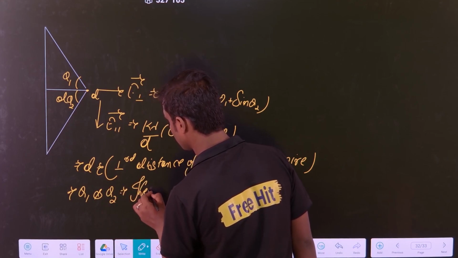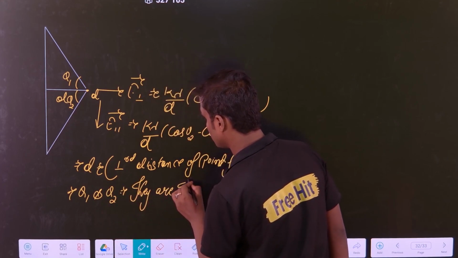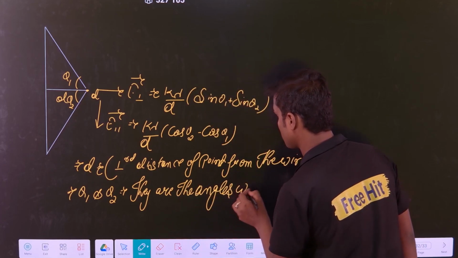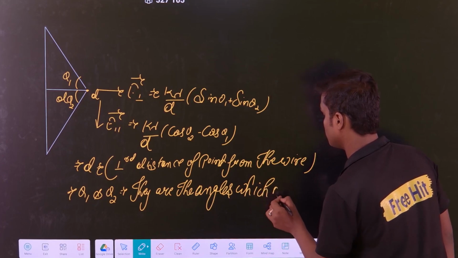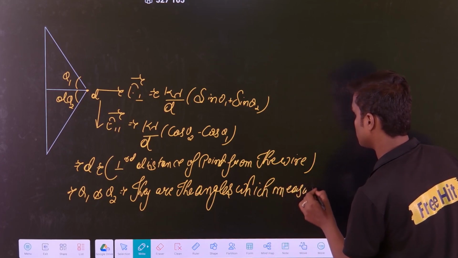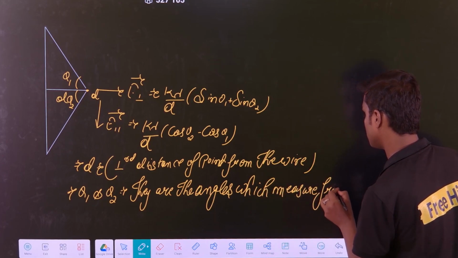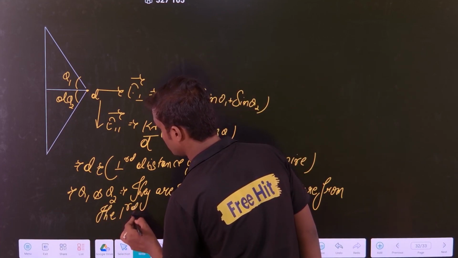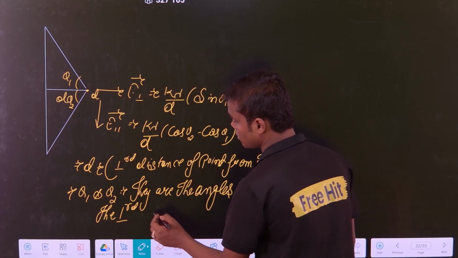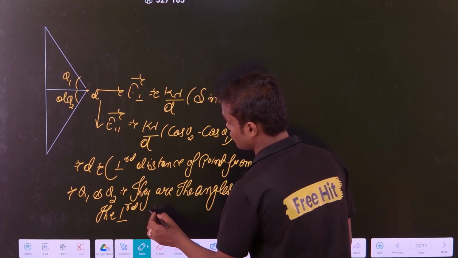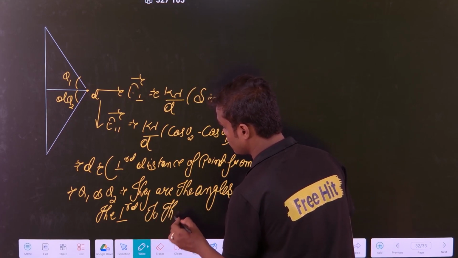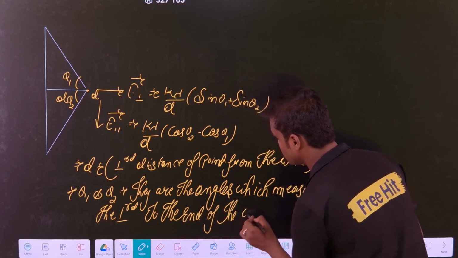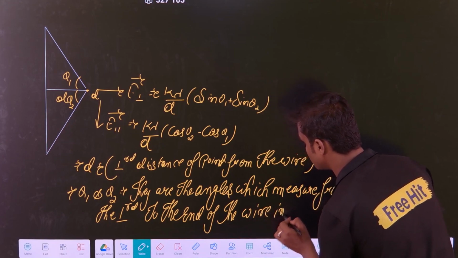They are the angles which are measured from the perpendicular to the ends of the wire, in opposite sense.